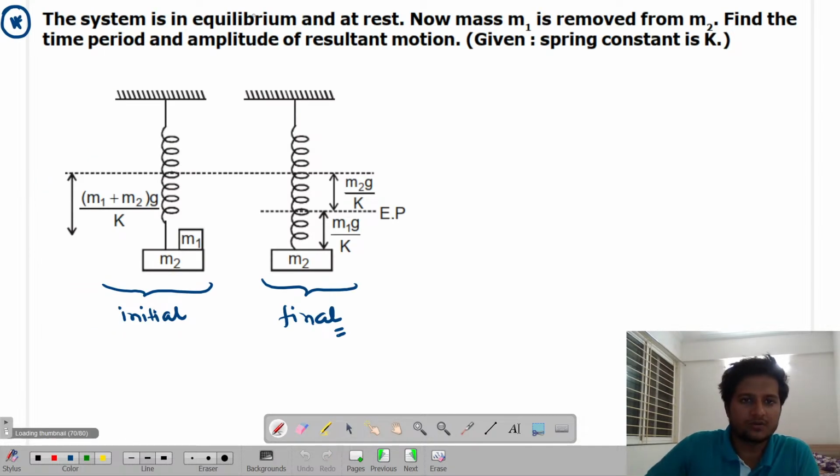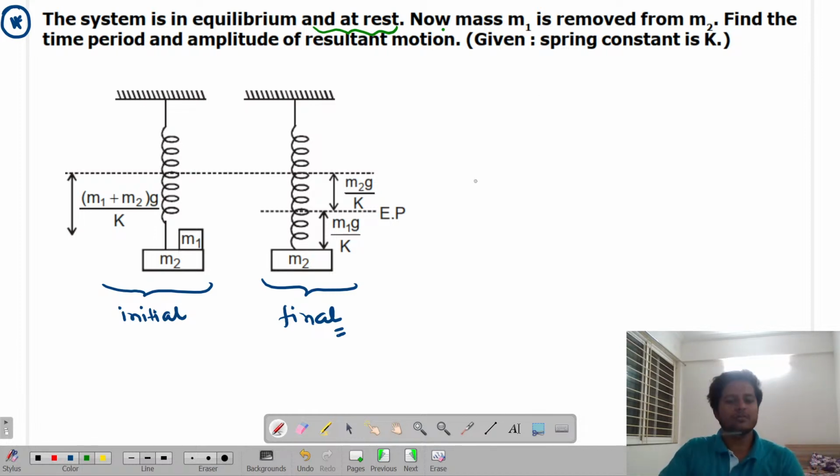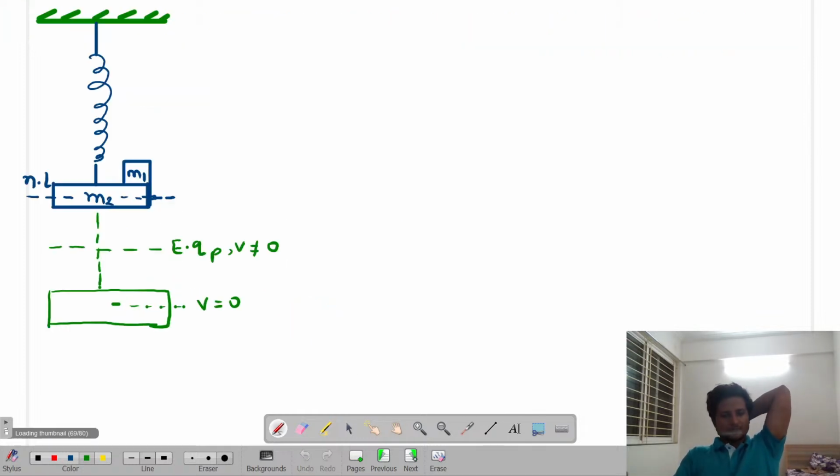Look over here, read the question. The system is in equilibrium and is at rest. Now mass m1 is removed from m2. Find the time period and amplitude of the resultant motion. So now look over here.